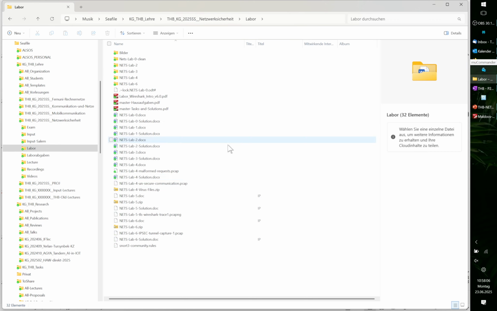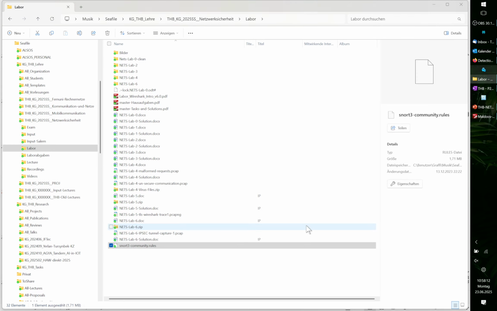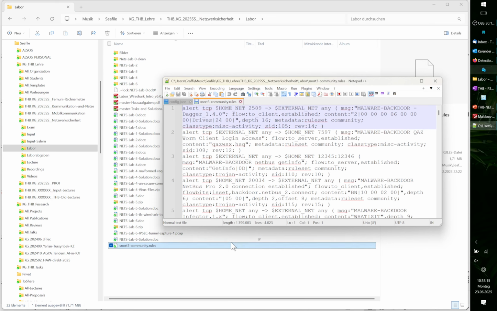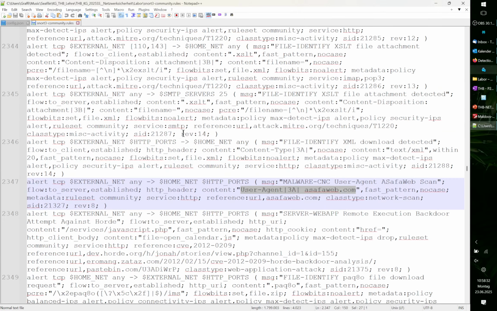Let me just see, where did we have it? Do we have the Snort rules here? Exactly. This was the network intrusion detection system, which basically looked into the traffic, the payload of regular packets, and if, for example, this pattern came up, user agent asafarweb.com, then it was considered malicious activity, and there's an alert, malware CNC user agent.